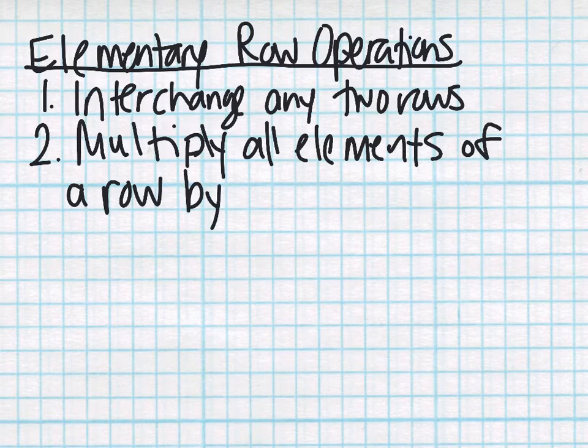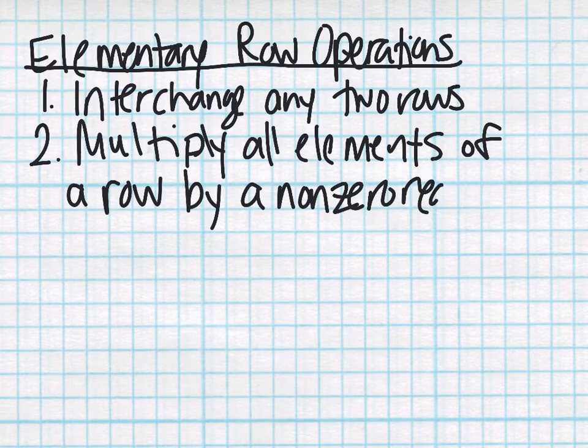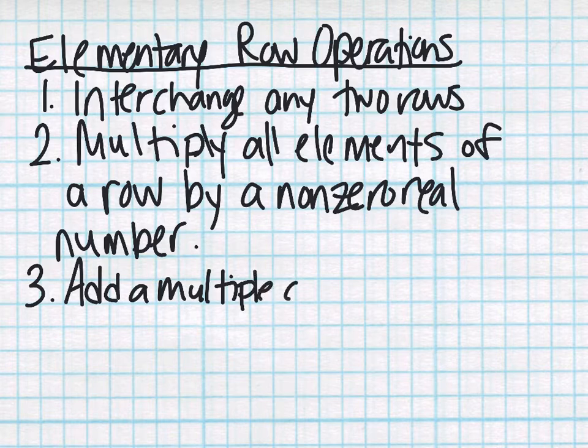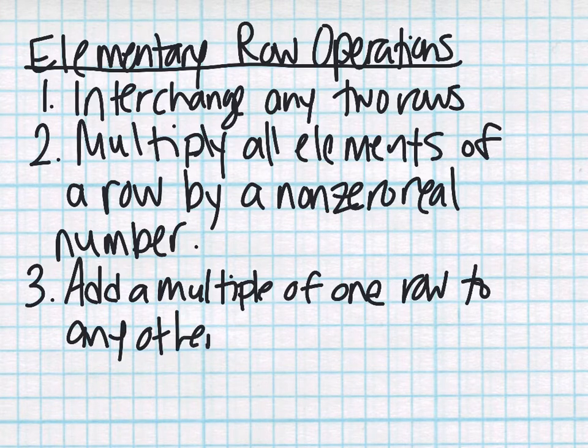Not getting into those imaginary numbers with this yet. And number 3, add a multiple of 1 row to any other row. And these are basically the 3 things that we talked about we can do with Gaussian elimination.